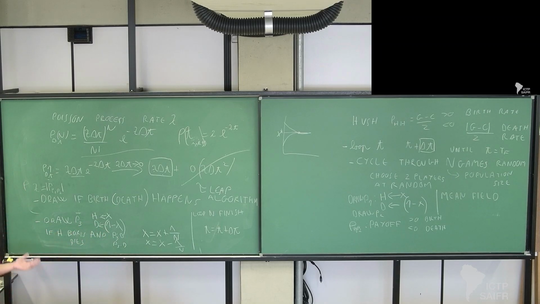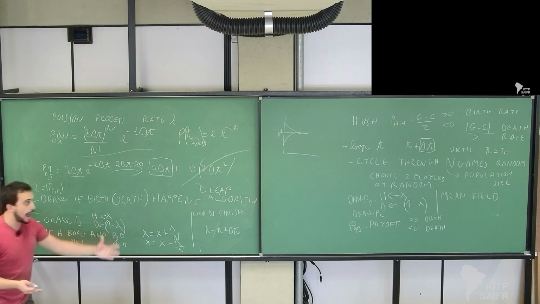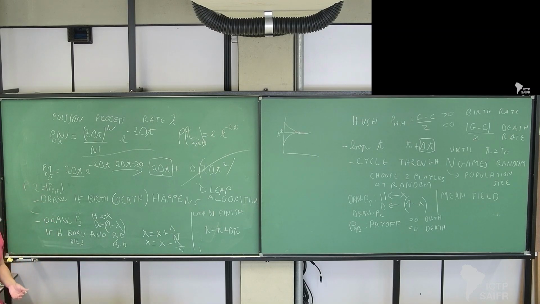Because if you use player 2, you will introduce in the system some correlations that will make it so this process that you are simulating is not equivalent to the replicator dynamics that we were studying in the deterministic system. And this can actually be proven mathematically.